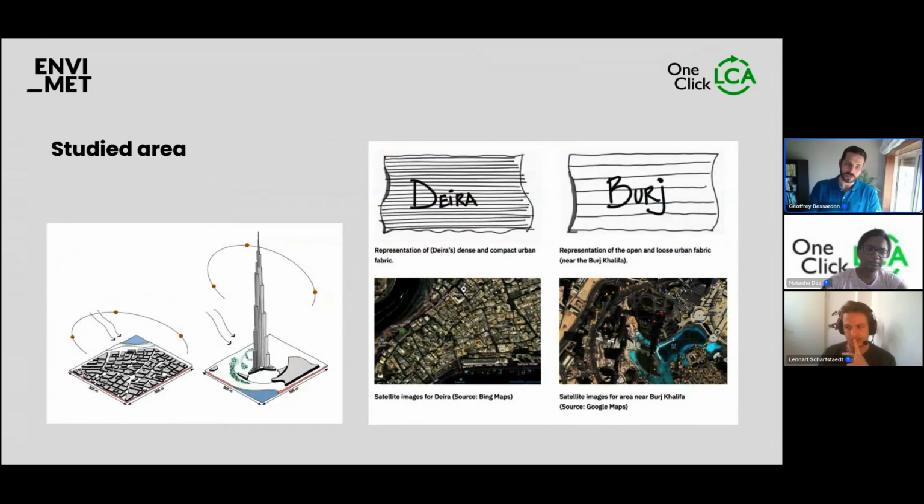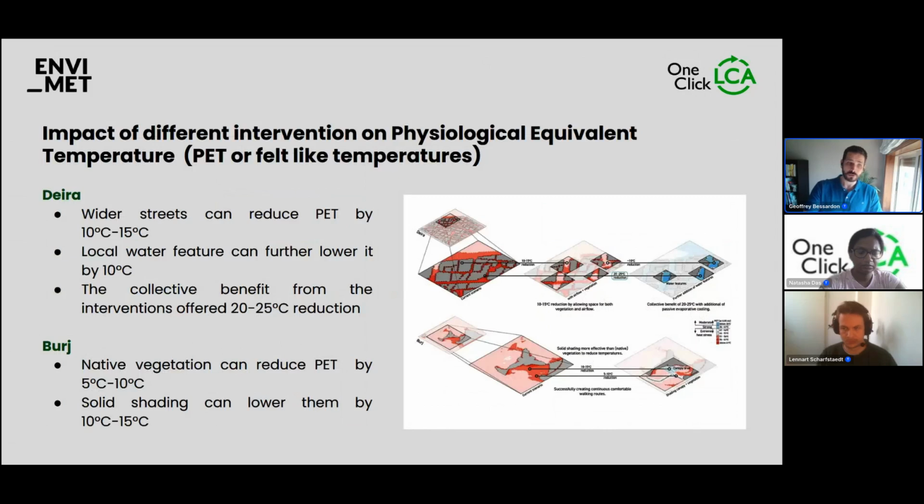And then you have the Deira, which is more narrow streets where the air struggles to go in and you have low ventilation. So that's really two different cases, and we can show you in the next slide how some solutions applied to both layouts could reduce PET, which is a measure of heat stress. It's a feels-like temperature, so it's a corrected temperature according to the humidity, sun, physiology, and other parameters. It's really to see how people would feel in this area.